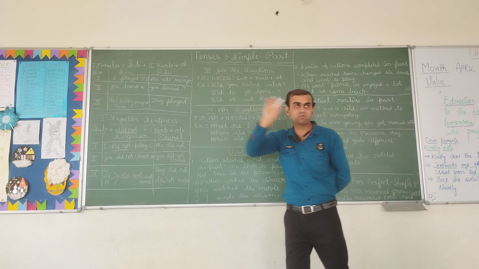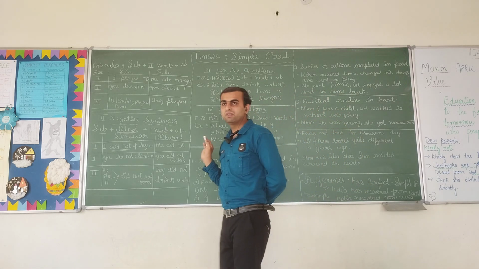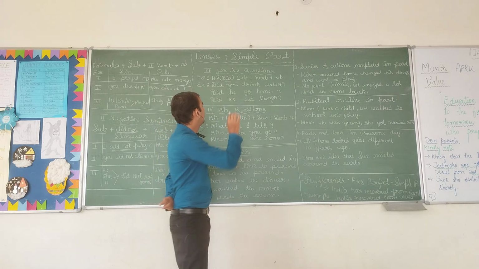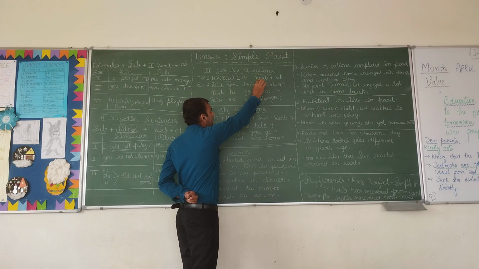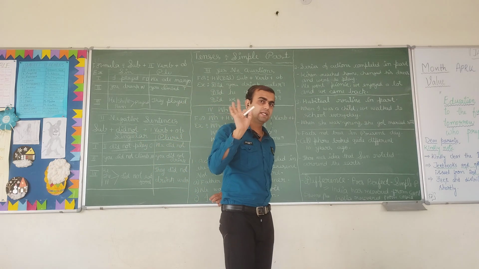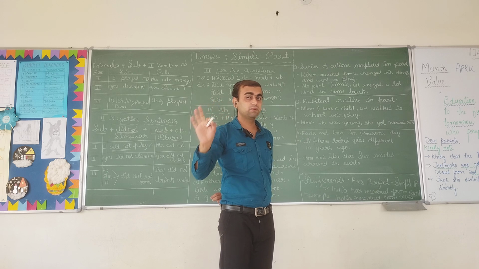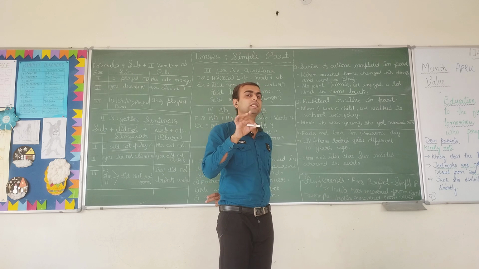The formula is, first we have to use a helping verb. Which helping verb do we use for the simple past tense? Did. Did plus subject plus verb plus object. Once again I repeat the formula: did, subject, first form of a verb plus object. Why first form of a verb? Because did.